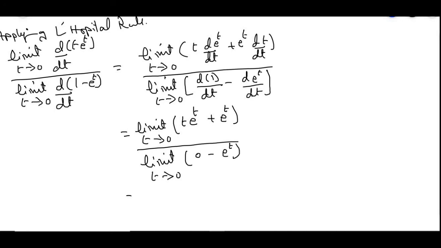Now applying the limit we get 0 into e raised to power 0 plus e raised to power 0, whole divided by minus e raised to power 0. So we get 1 over minus 1. Minus 1 is the answer.